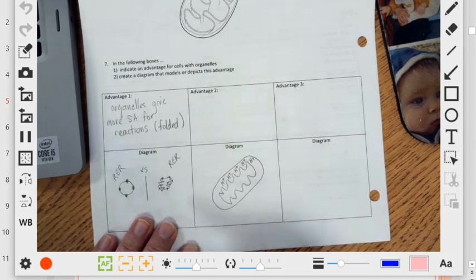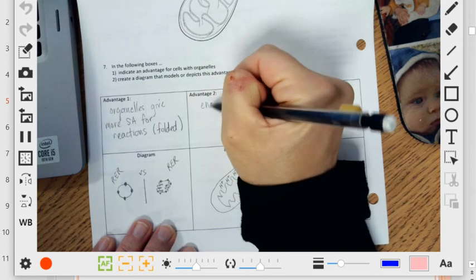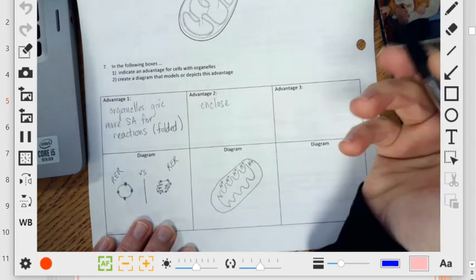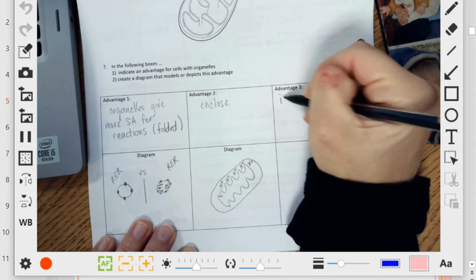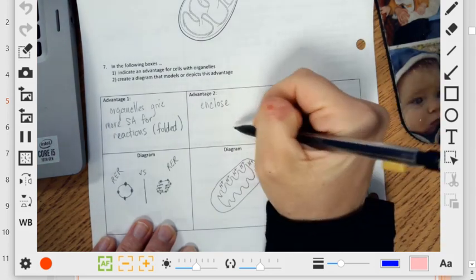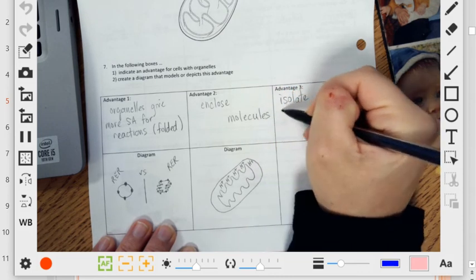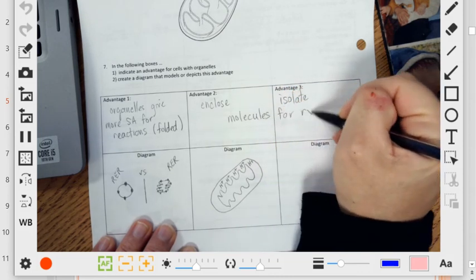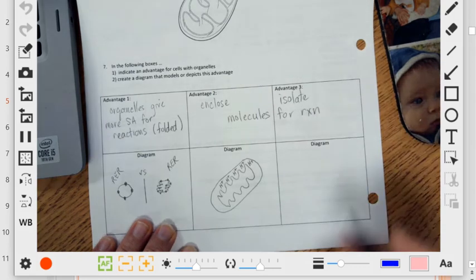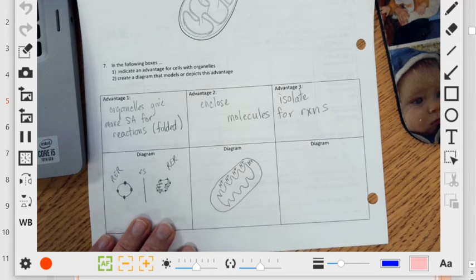So this is showing you some of those other advantages: organelles can enclose and isolate molecules for reactions. Okay, so they can enclose and isolate molecules so that reactions can take place.